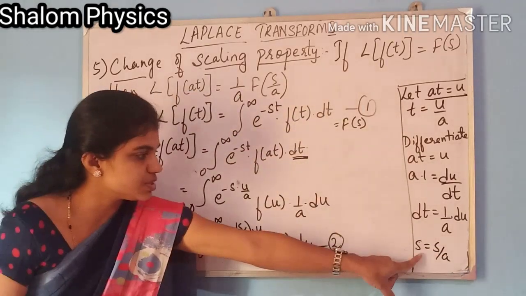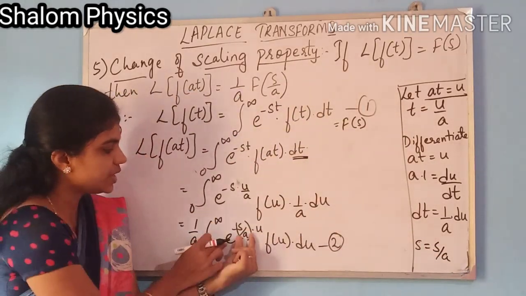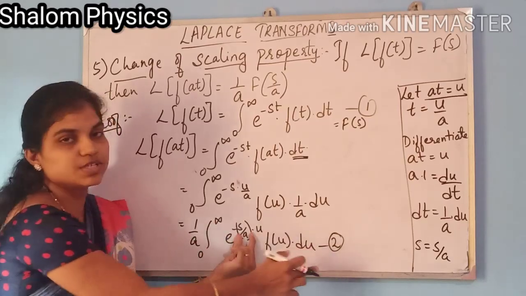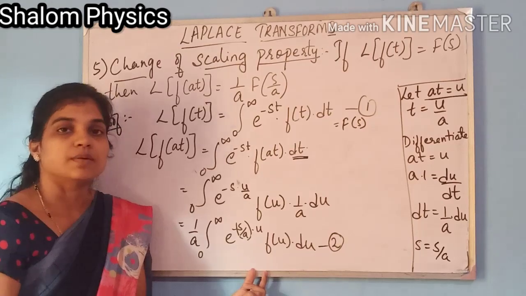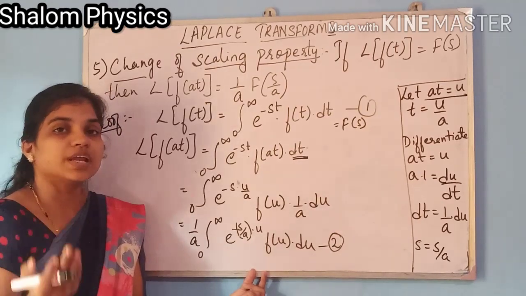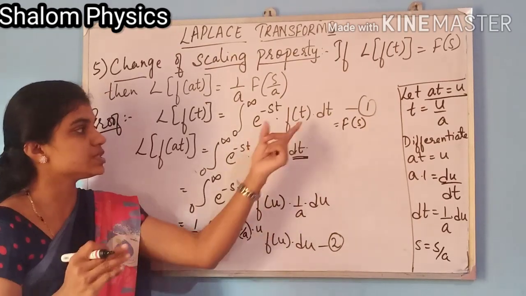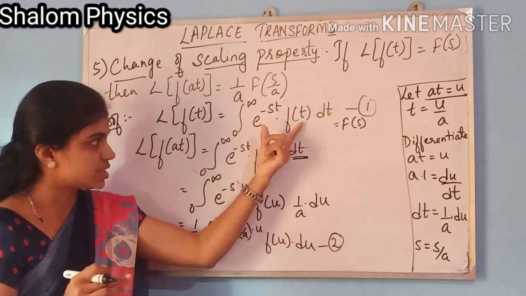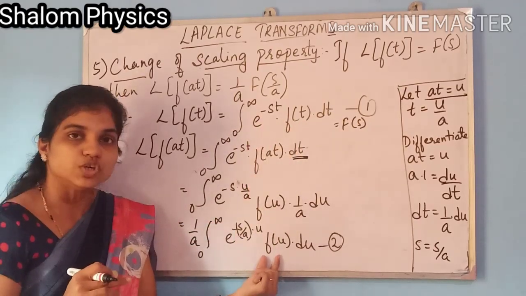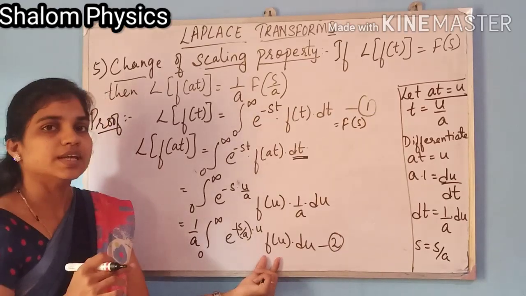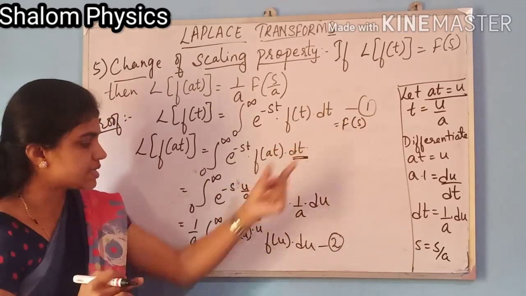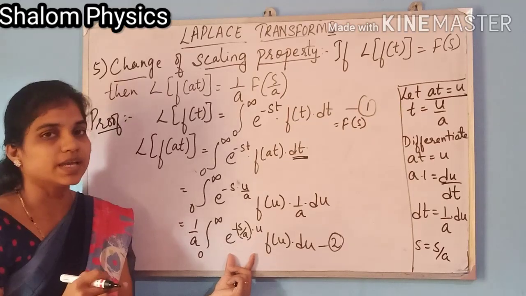So if I substitute s here, it is going to be e raised to minus su f(u) du. So both are the same expressions but with a separate function: function with respect to t, function of time t, and function of u. Right? So now, can I write F(s) as F(s by a)?